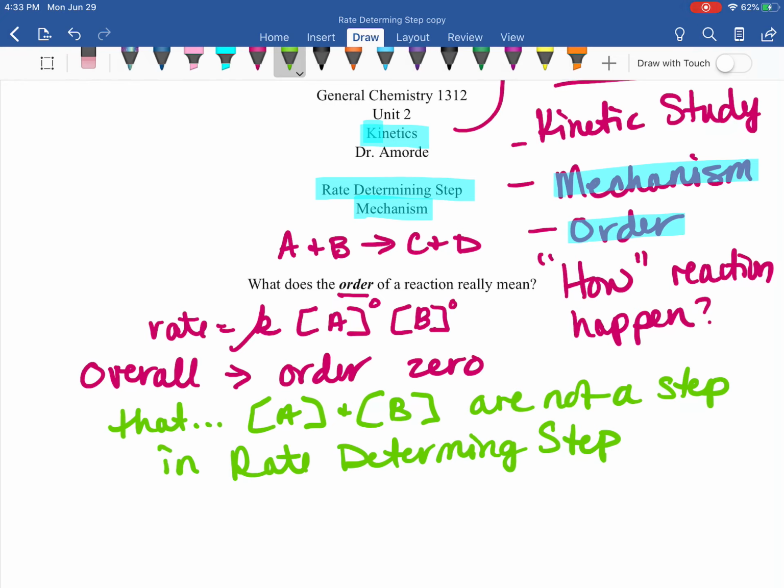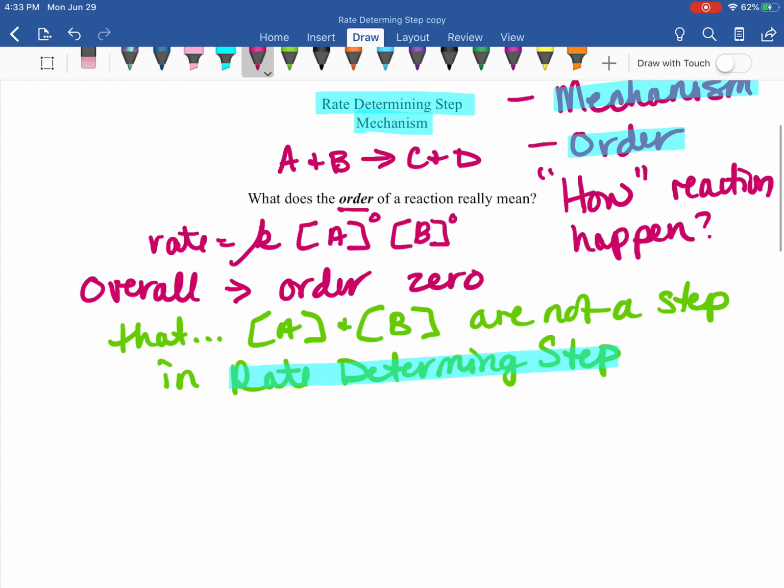They're just not a part of that rate determining step. It doesn't mean they're not present. It doesn't mean they're not in your reaction. It means they're not in your rate determining step. So there's lots of ways that we can see rate and see 0 order. But let's work our way through. So 0 order means it's just simply not part of your rate determining step.